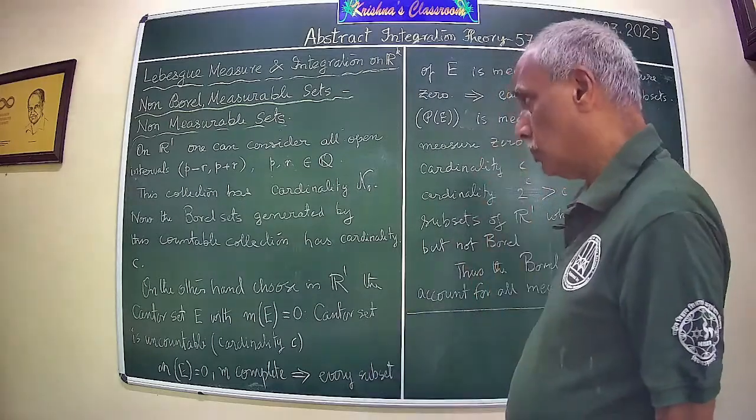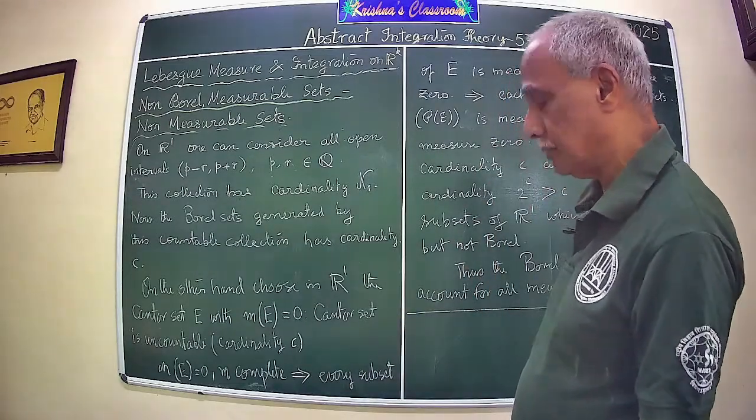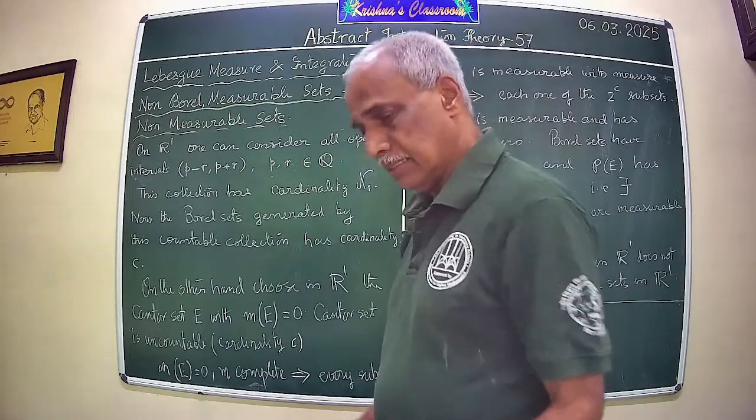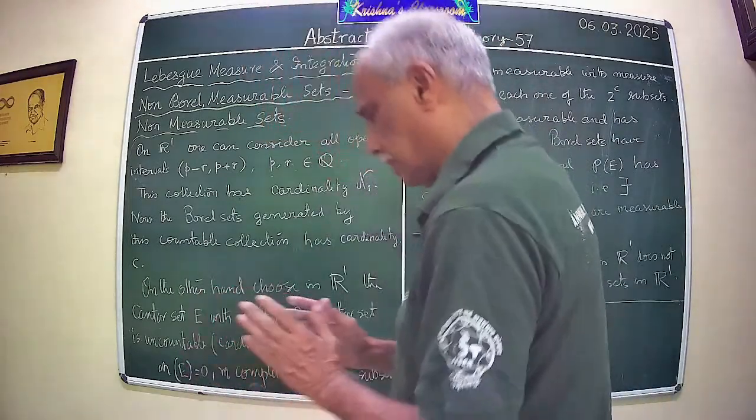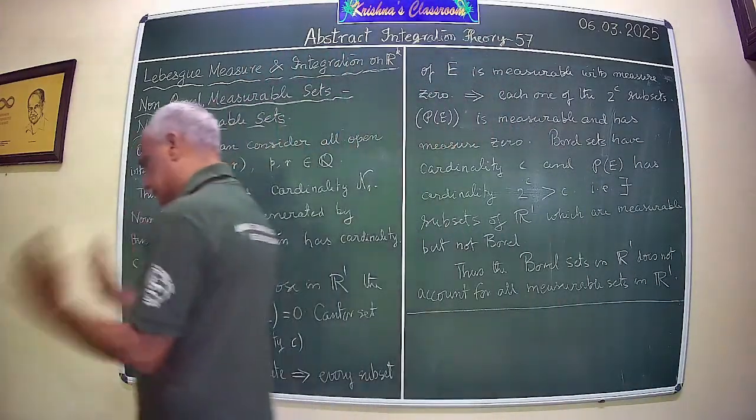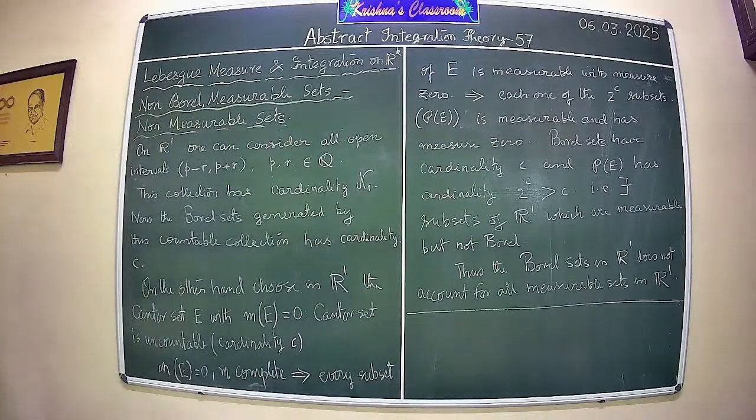So now that is one question. So we have seen that the Lebesgue measurable subsets form a larger class than the Borel sets.